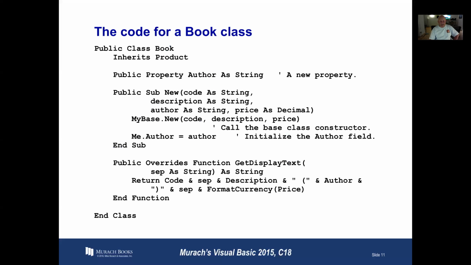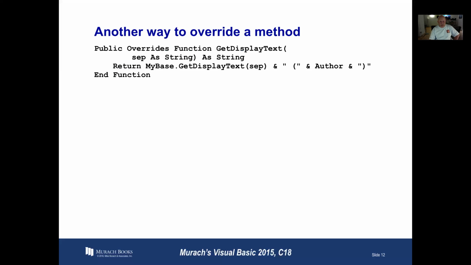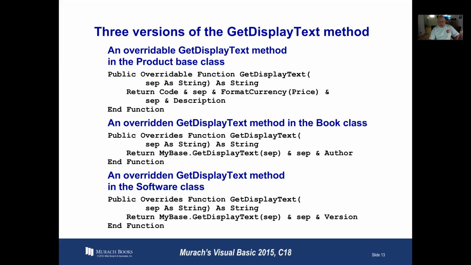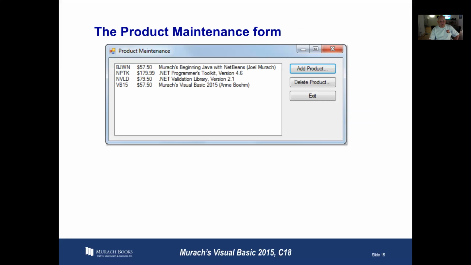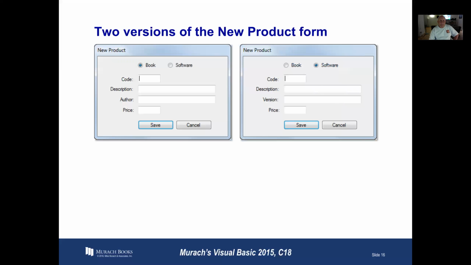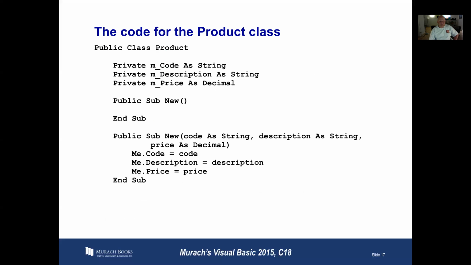Code for a book class. This is another way to override a method. And these are three versions of the GetDisplayText method. This is what your product maintenance form should look like. And these are two versions of the new product form. It's the code for the product class.